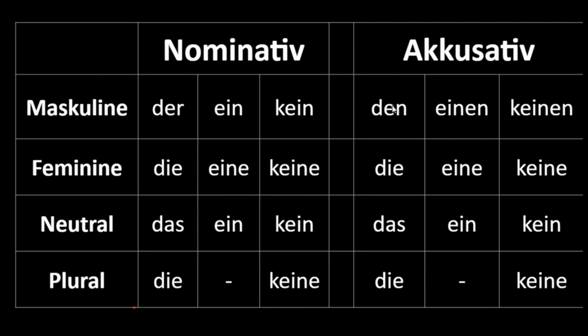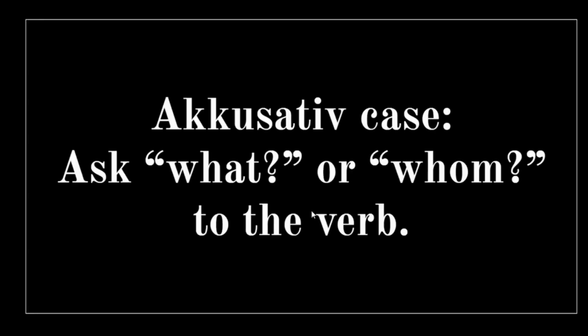This is for masculine. Whereas the same thing in accusative is den, einen, keinen. So that's the only difference between both the articles. Otherwise, the feminine, neutral, and plural articles are just the same.